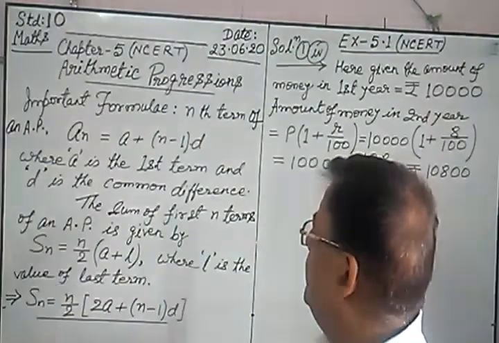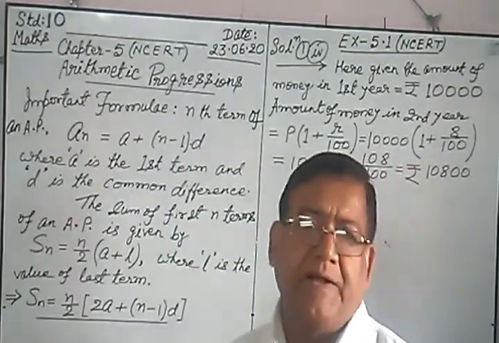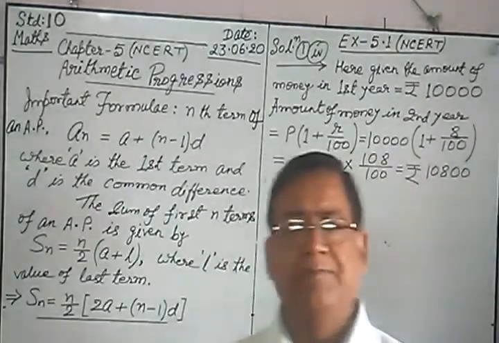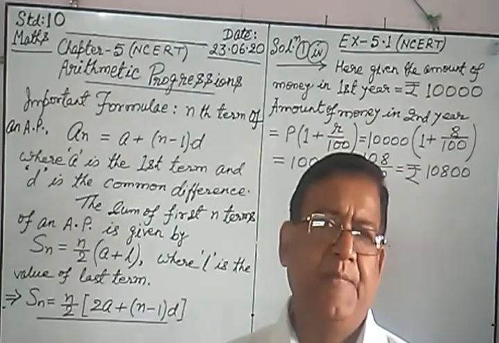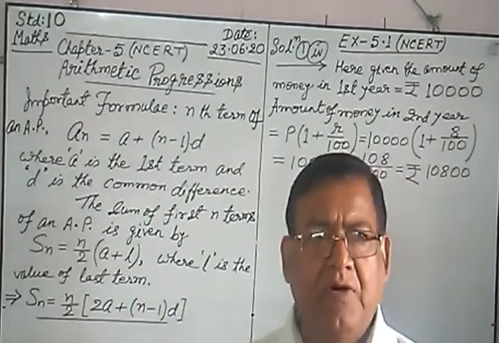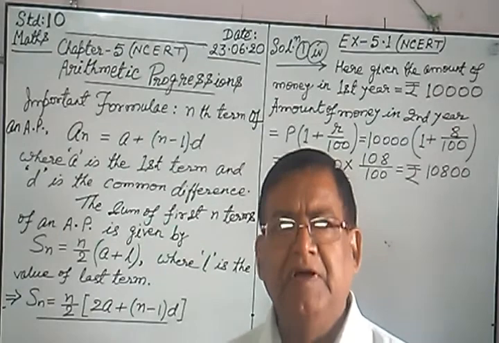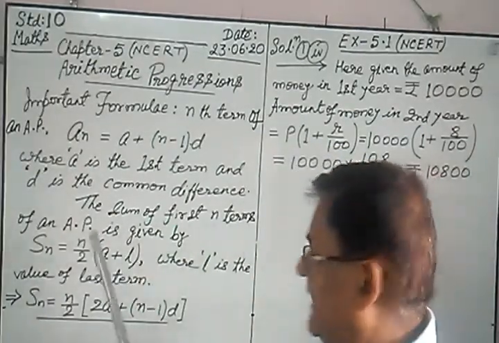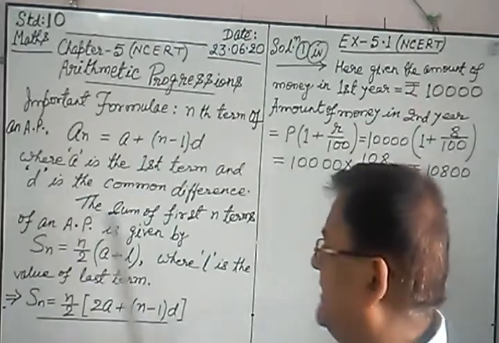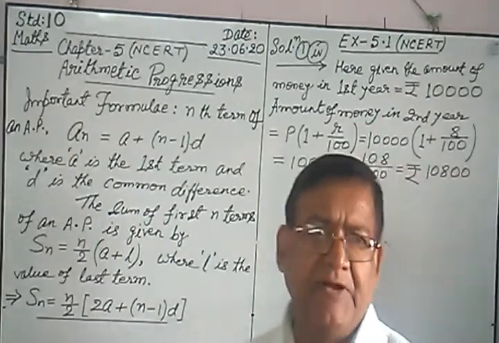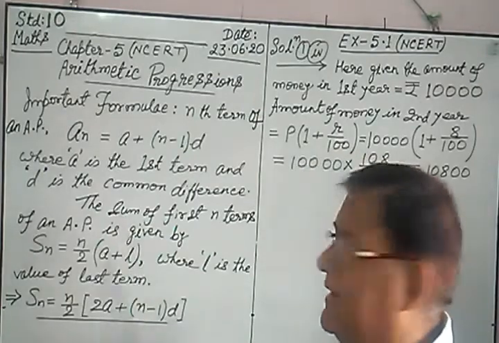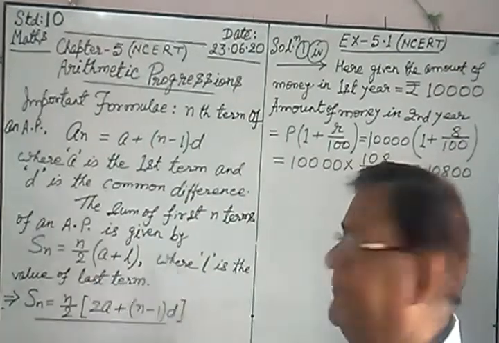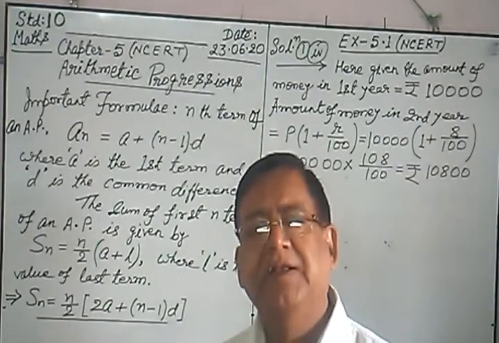Now, how will you find the sum of n terms? If the given sequence or progression is in AP, and you want to sum all those terms, what will be the value of the sum? The sum of the first n terms of an AP is given by Sn, Sn equals n upon 2 into (a plus l), where l is the last term.